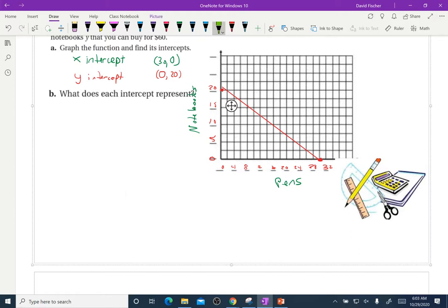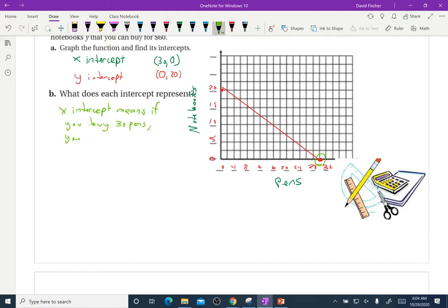So I always like to start out with the x-intercept. My x-intercept means, which is right here, that if I buy 30 pens, you can't buy any notebooks.